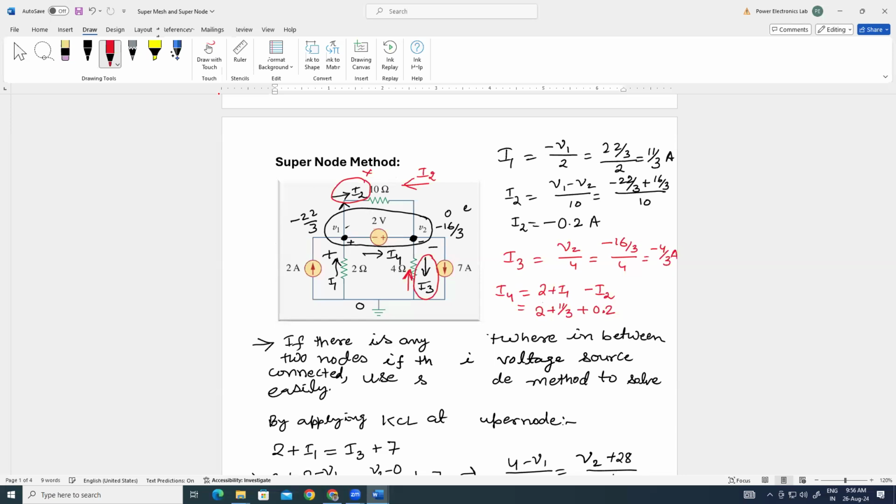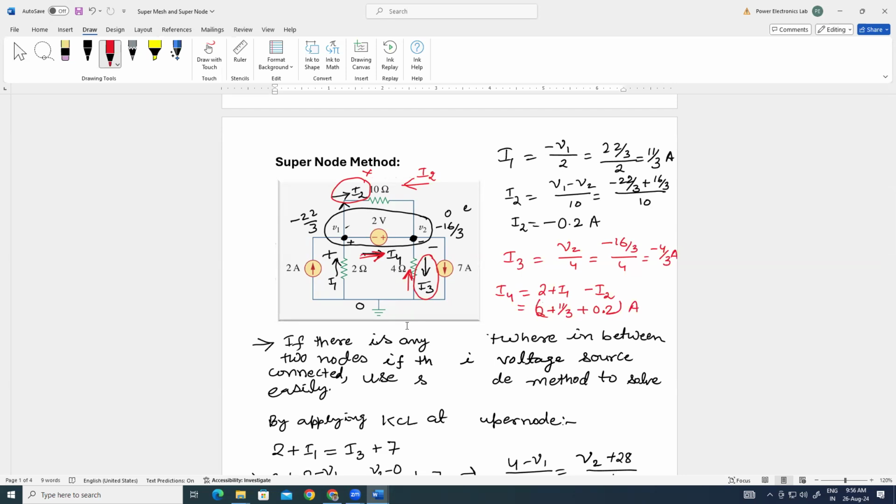It means the direction of I4 is correct, as we assumed. So this much ampere will flow through this branch, the voltage source. Clear to all of you?